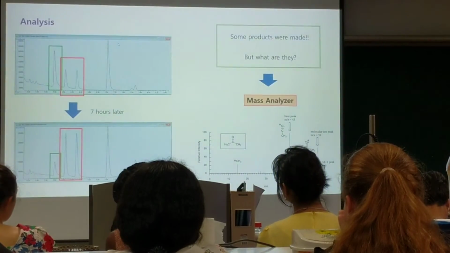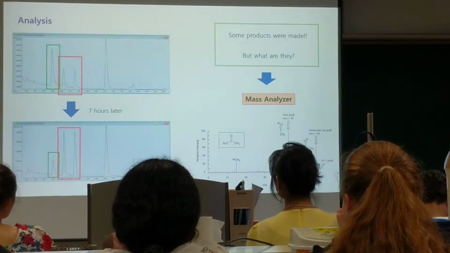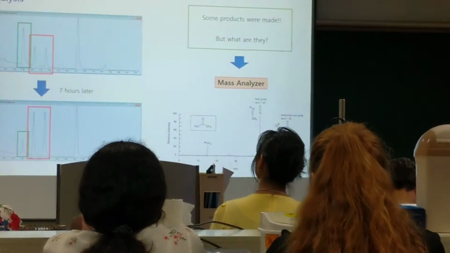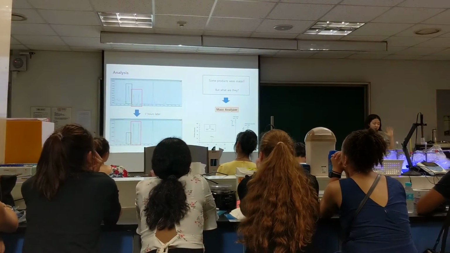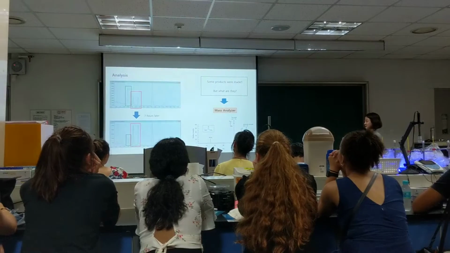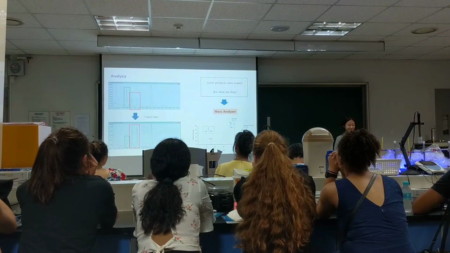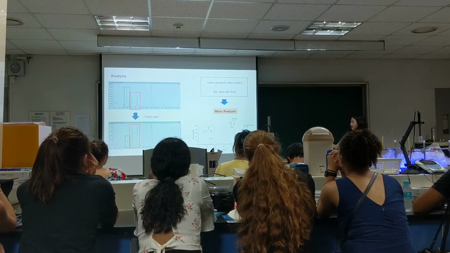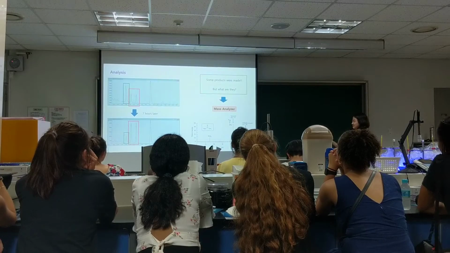So we can assume that the green one decreasing means substrate, and the red one, the increasing one, means final product. So now we can quantify how much product increases and decreases, but still we don't know exactly what they are. So by using a mass analyzer, we can find which peak means which material.